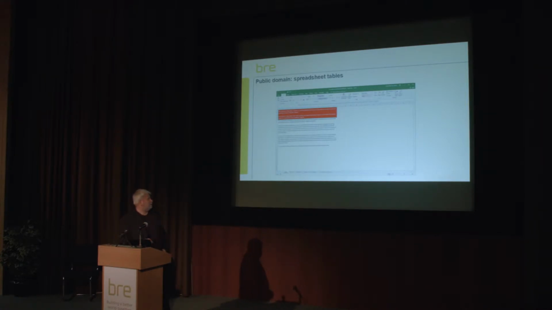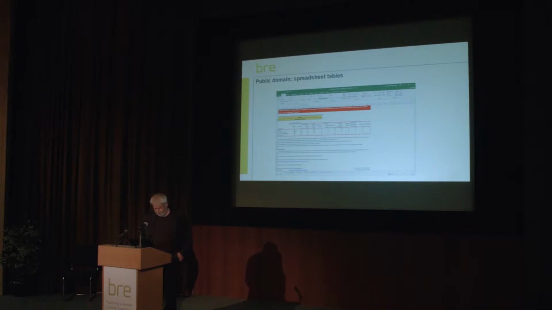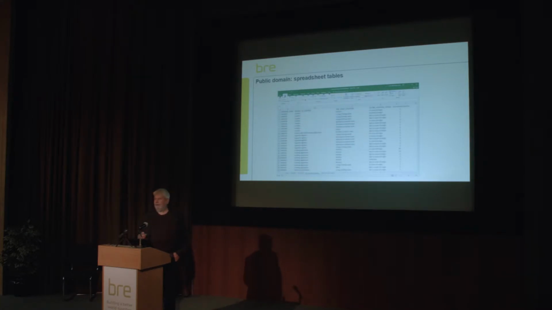There's an introductory tab which tells you what's in the spreadsheet. Then you've got the spreadsheet tables themselves, which present pivot tables of data, and you can also go further into the depths. Here one row is one fire record, and it gives you details.